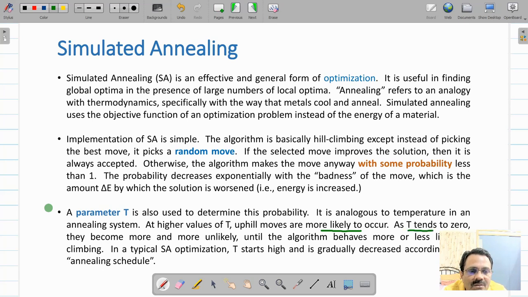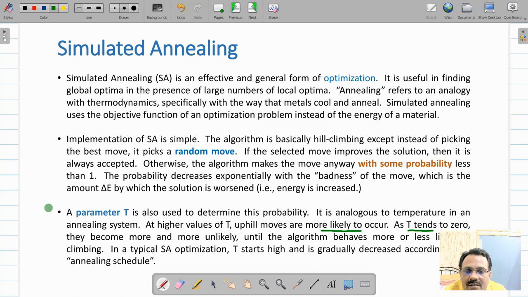As T tends to 0, as the temperature decreases after some time, they become more and more unlikely. That means the probability of selecting high energy states from low energy states will be less, until the algorithm behaves more or less like hill climbing search. As I told you, in the initial phase it will have a random walk, and afterwards it will function like your hill climbing search algorithm.